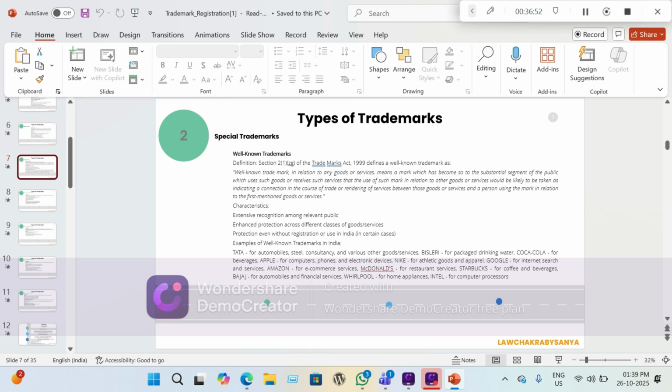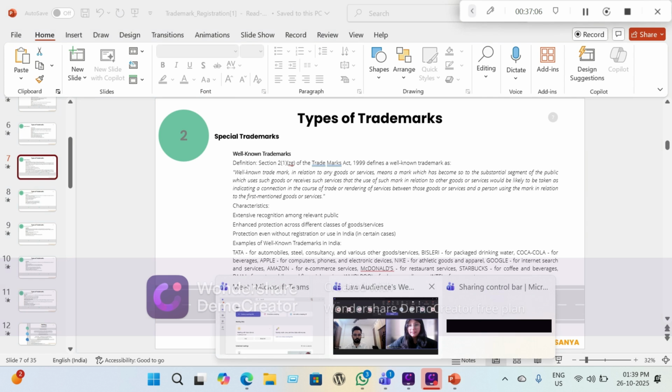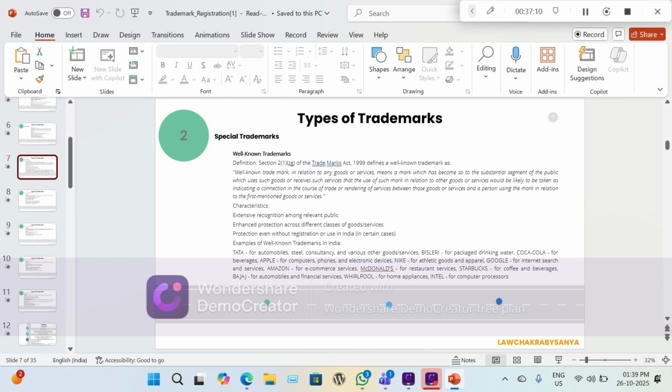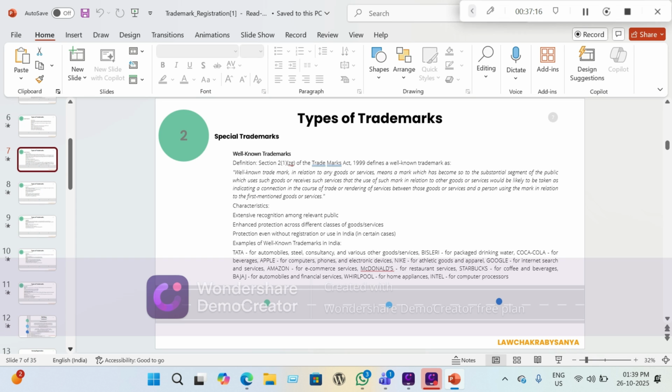That is how you become a well-known mark, and anybody else should not be allowed to capitalize on it or to exploit it. And that is why well-known trademarks have an extra layer of protection, so they can easily shut down any person or any entity who's trying to infringe upon their brand name.